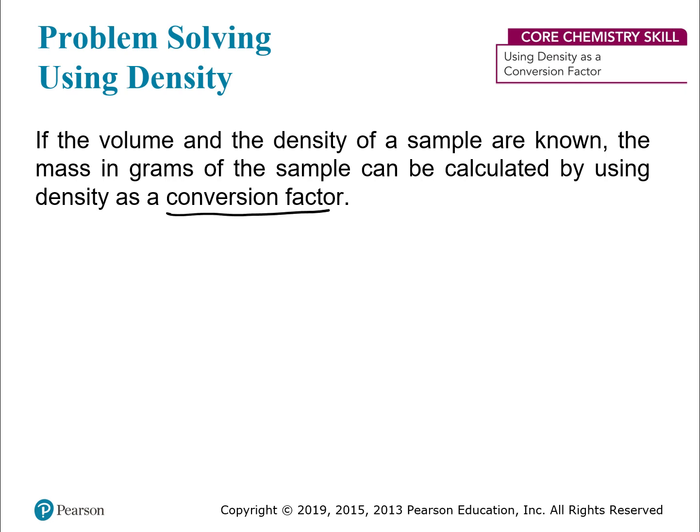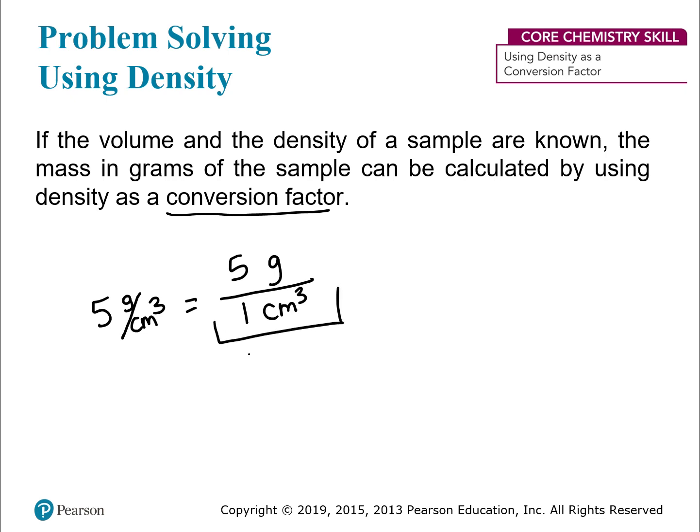So we can use density as a fraction. For example, 5 grams for 1 centimeter cubed if your density is 5 grams per centimeter cubed. So this is an example of a conversion factor.